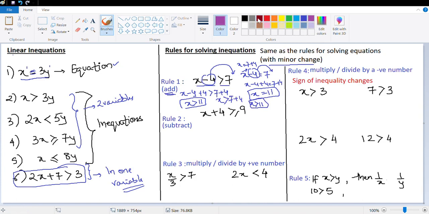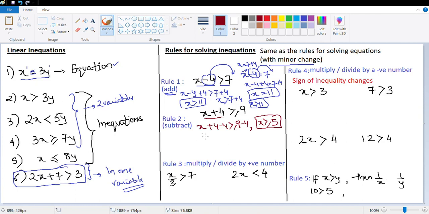Let's look at the second property, which is that I can subtract the same number on both sides. So if I have an inequation which is x plus 4 is more than or equal to 9, then I can subtract 4 from both sides, and this gives me x is more than or equal to 9 minus 4, that's 5.